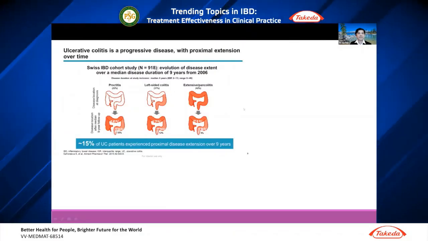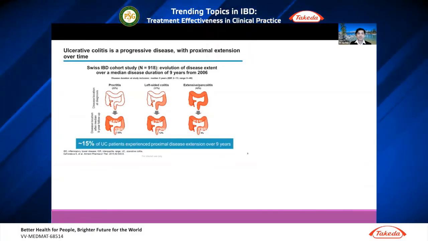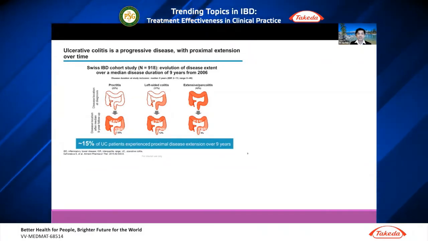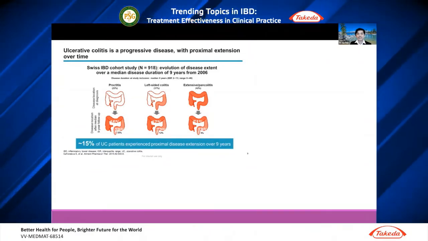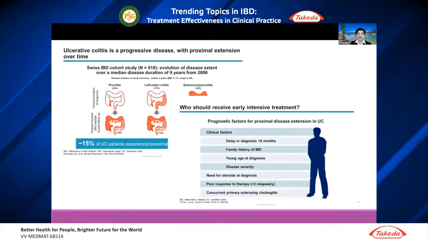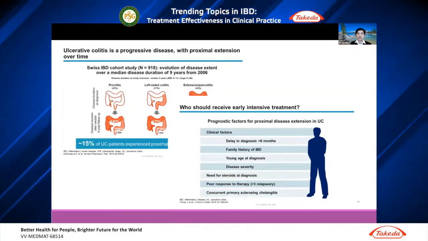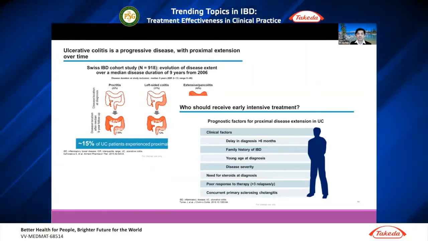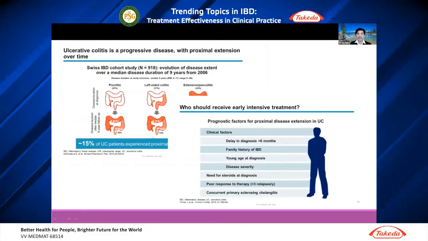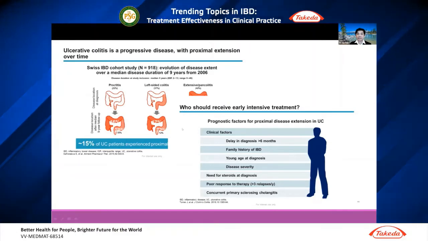Okay, ulcerative colitis is a progressive disease. Around 15% of UC patients experience proximal disease extension over 9 years. So we need to prognosticate which patients will eventually develop proximal disease extension. And gladly, there are clinical factors that would help us.